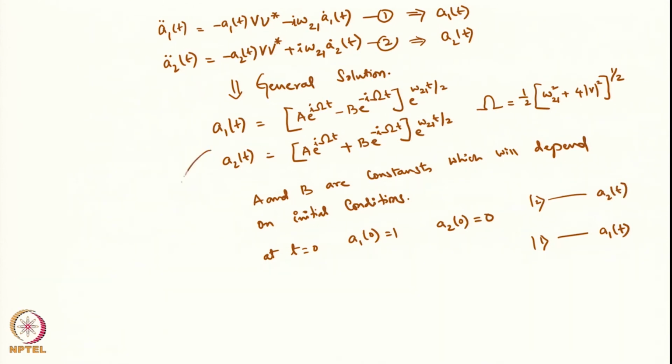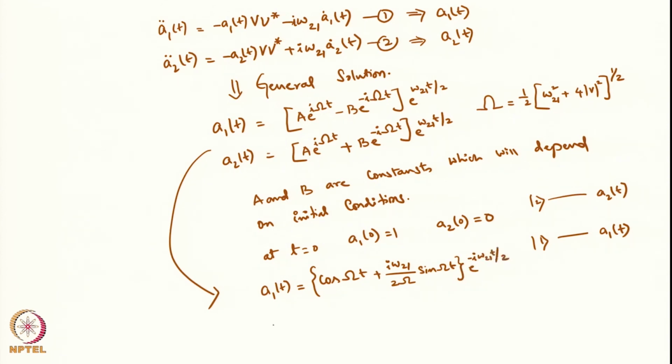And when you do that, these equations will go down to A1 of t equal to cos omega t plus i omega 21 by 2 omega sin omega t, whole thing times e to the power of minus i omega 21 t by 2, and A2 of t will be equal to minus i modulus of V by omega sin omega t, times e to the power of i omega 21 t by 2.